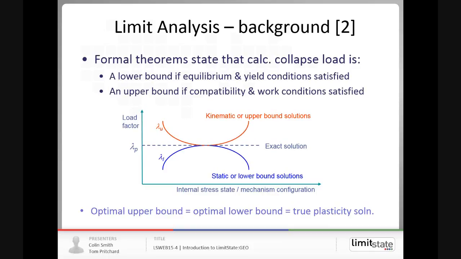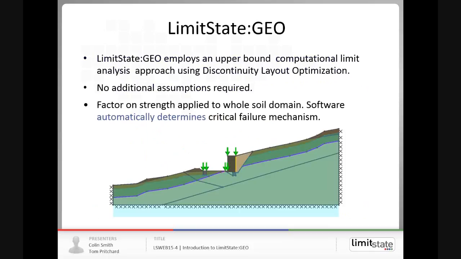And we can find an upper bound to the collapse load if we can find a mechanism of collapse that satisfies compatibility and work conditions. And the optimal upper bound will equal the optimal lower bound and will equal the true plasticity solution. So if we get our best possible upper bound or our best possible lower bound, we should get the exact solution. And that's the sort of basis of the software LimitStateGEO.